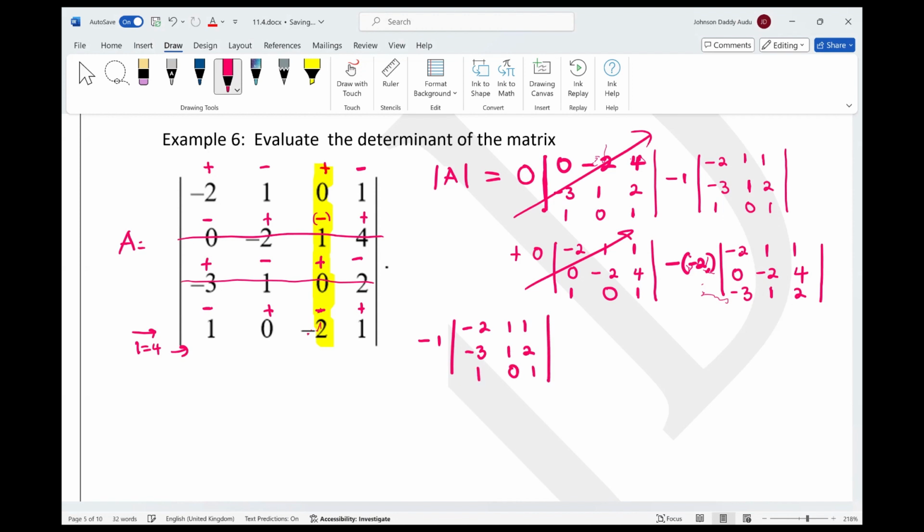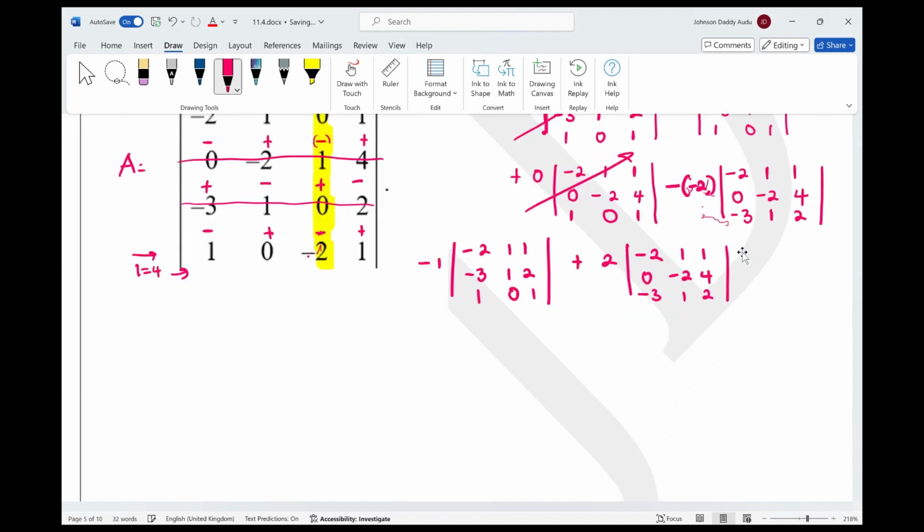Then minus minus becomes +2 times the matrix -2, 1, 1, 0, -2, 4, and then -3, 1, 2. All right. So now we're back to 3 by 3.